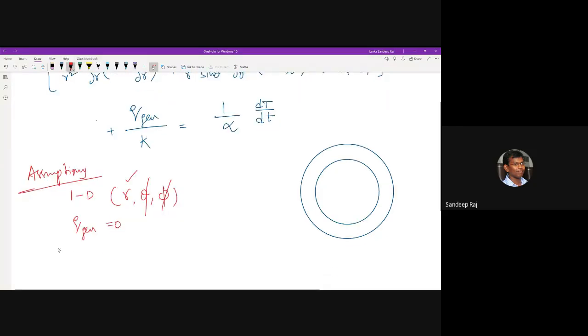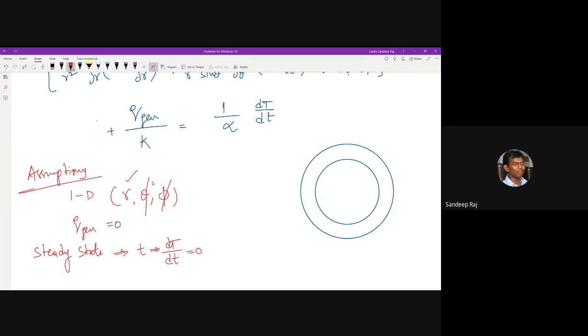Also I'll consider that it is a steady state problem. When it is a steady state problem, with time the given property will not change. That is, what it will imply is dT by dt is equal to 0.